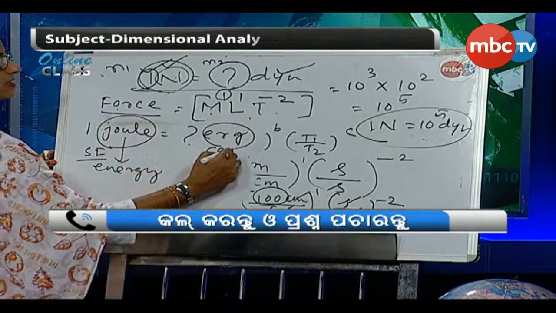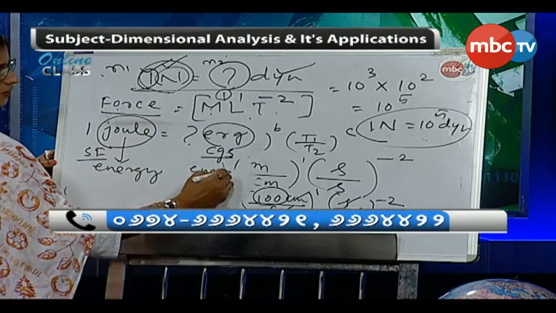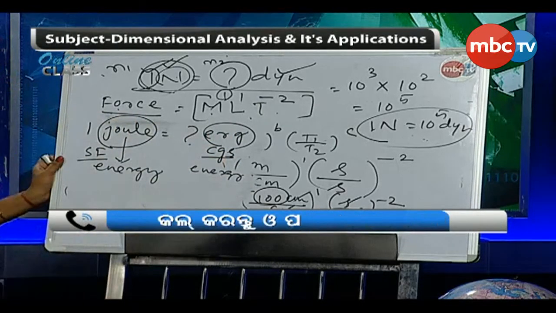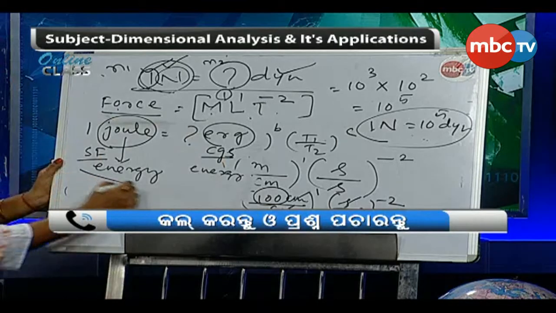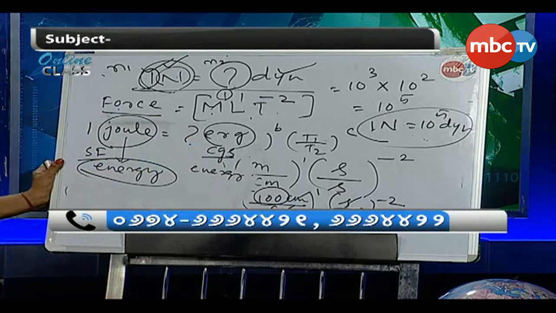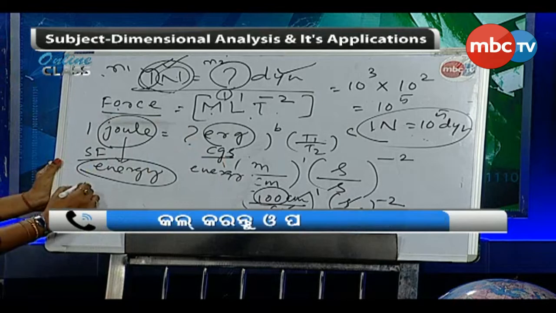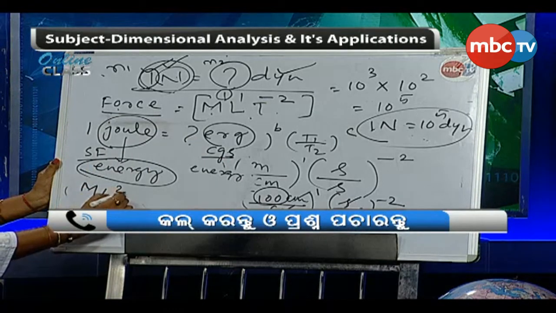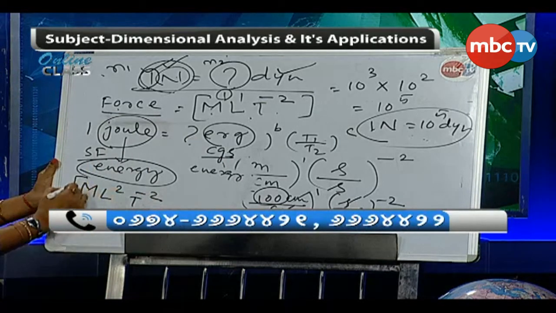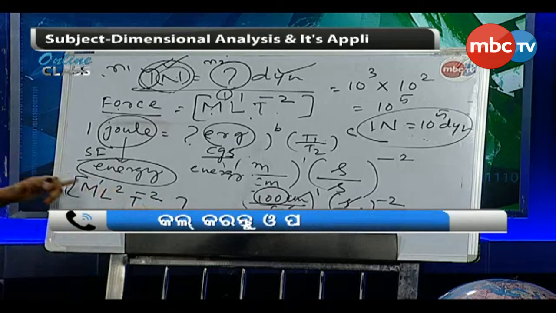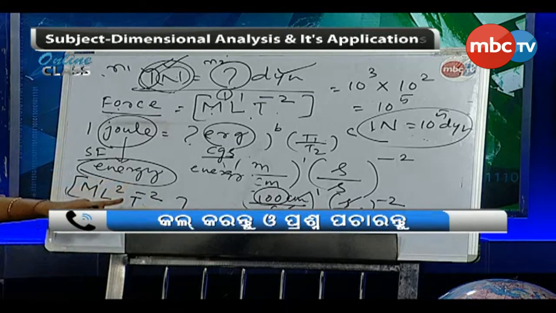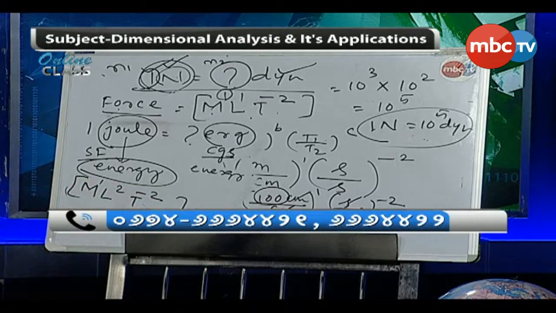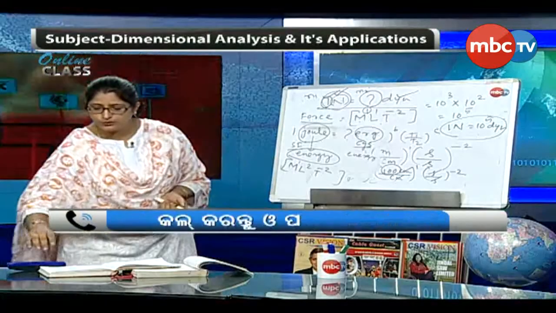This is the CGS unit of energy. Okay? And already I have told you in yesterday's class, what is the dimension of energy? It is same as that of work. What is that? ML2 T minus 2. So A value is 1, B is 2, C is minus 2. Clear? So it's a homework for you.